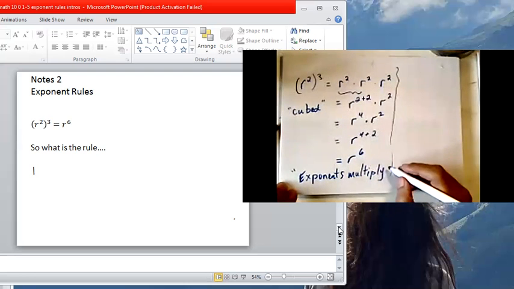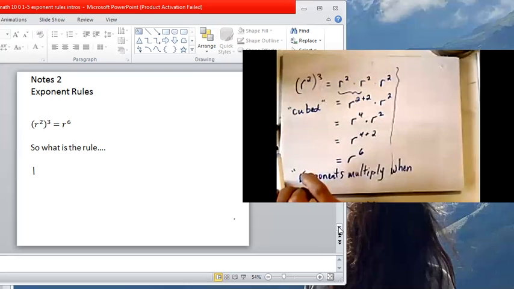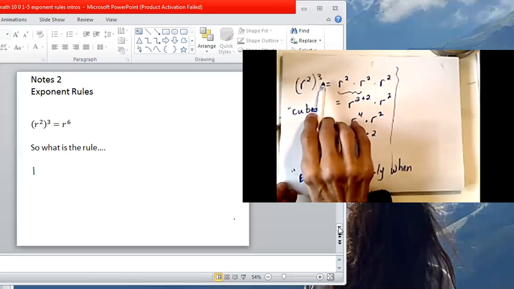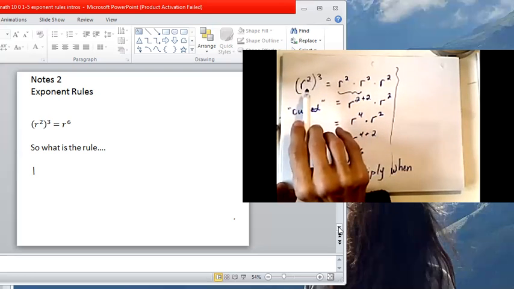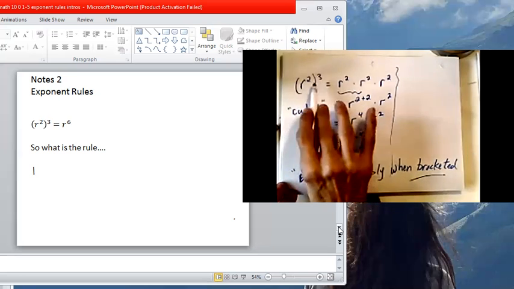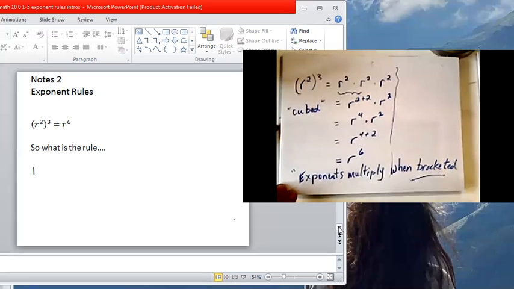To get the result. Well, we have an exponent on the inside, an exponent on the outside, a bracket in the middle, right? So when bracketed, when the term has a bracket on the inside like that.